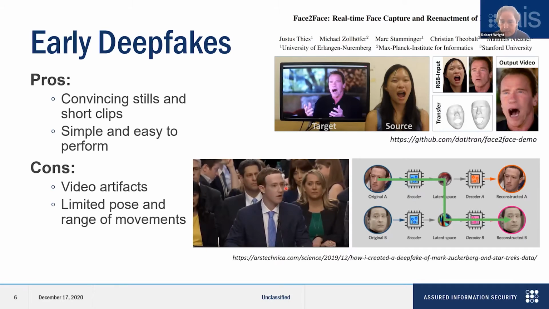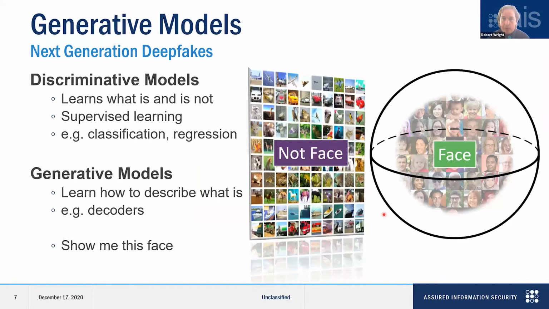This is pretty convincing, and this was a reporter who had not a ton of training in this and was able to do it within 2 weeks. So these things are readily available and you can do it. However, it produces some noticeable video artifacts, and it's limited in the amount of pose and range of movements. So, still very convincing, still very interesting, but can we do better?